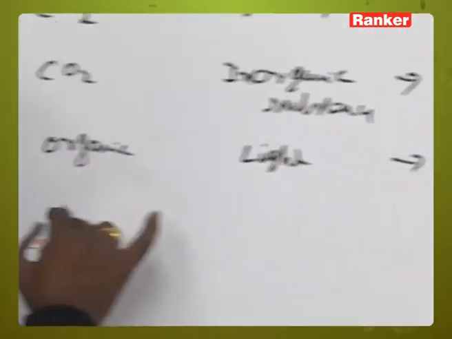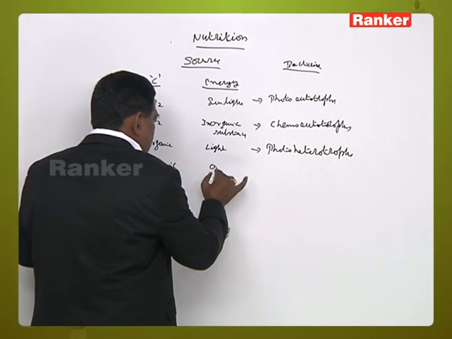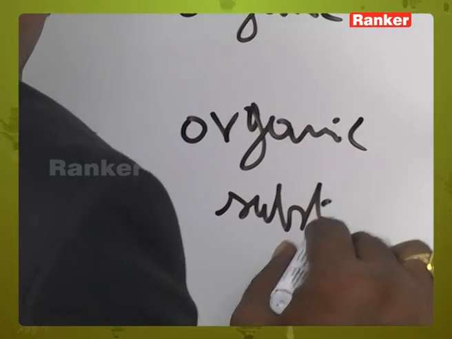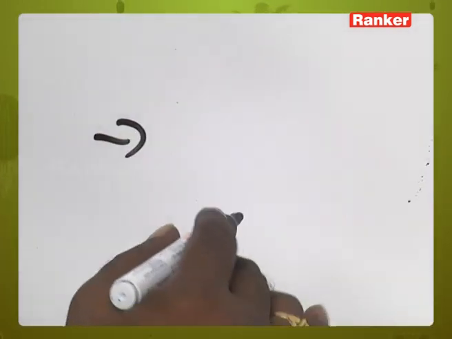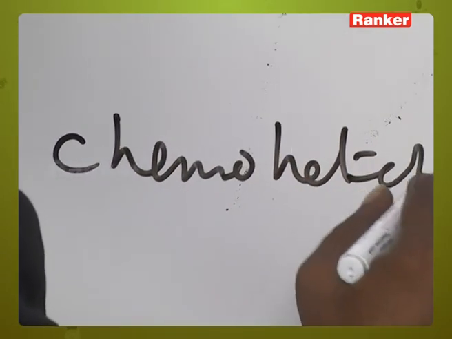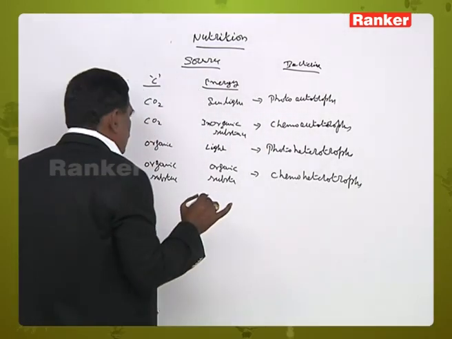Source of carbon, organic substances. Source of energy, also organic substances. They are chemoheterotrophs.